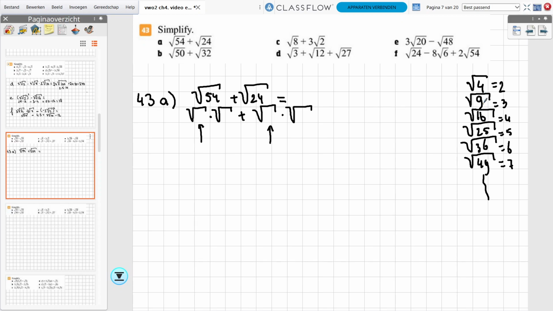For example, root 9 here, I think does work, right? Because root 9 times root 6. Oh, think about that. That's not good, right? Need a cup of coffee. Root 9 times root 6, we can calculate to 3 root 6.